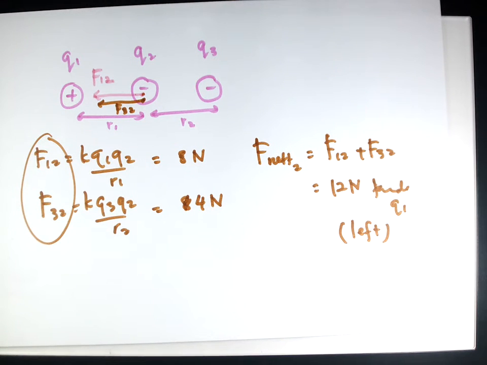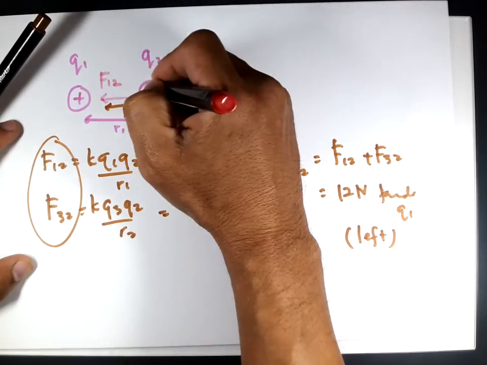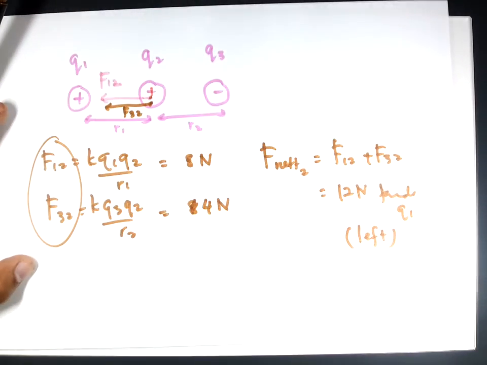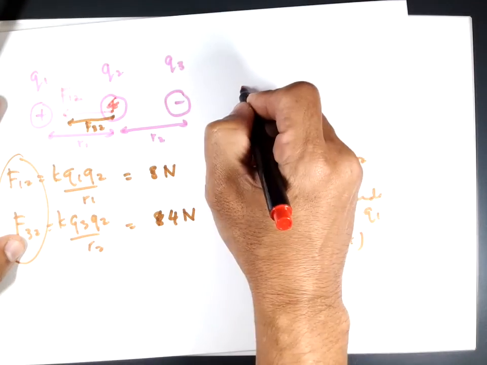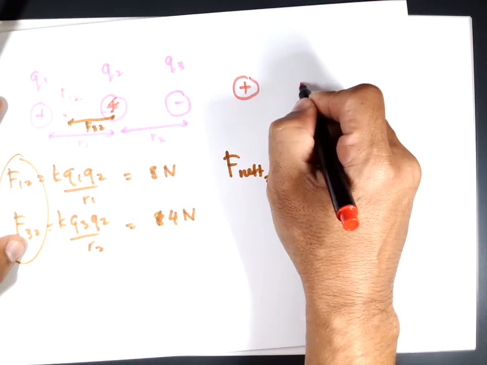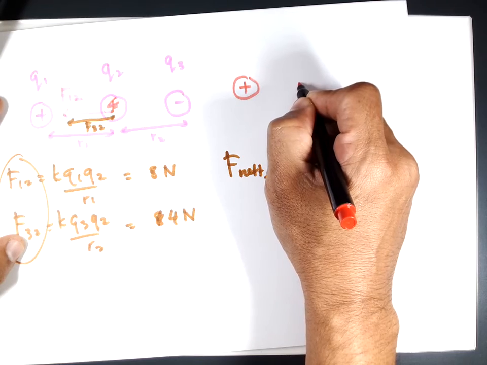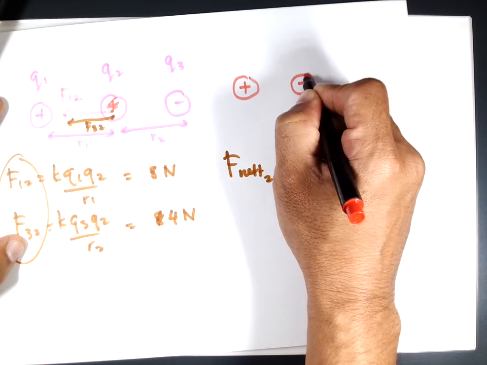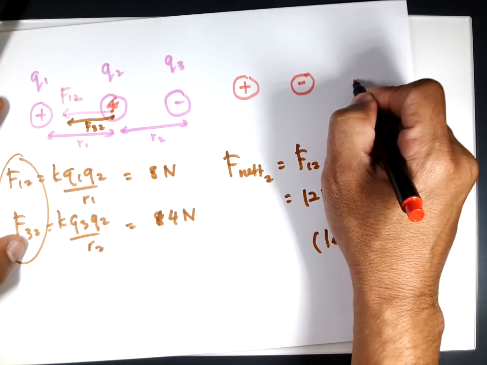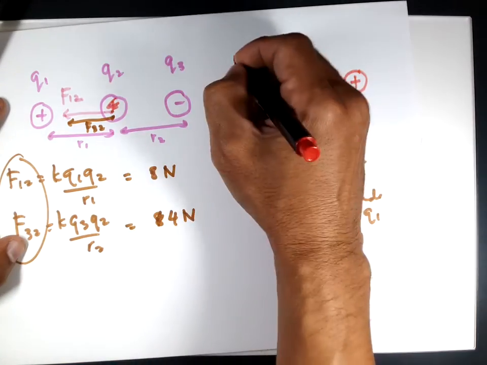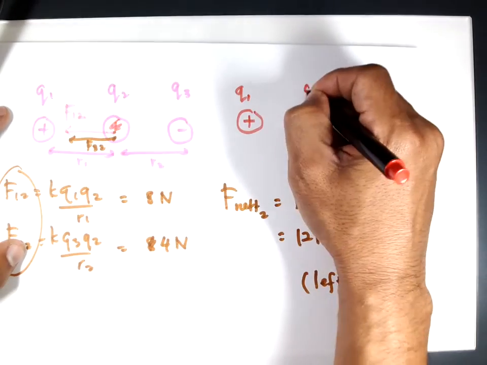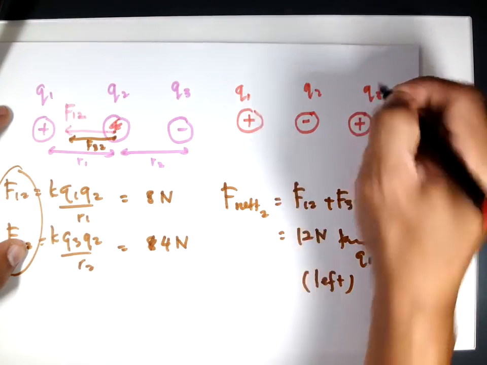Now let's say this is positive. No need, let's just do a new one. Okay, let's say we have positive, negative. This one positive. So we have Q1, Q2, Q3.